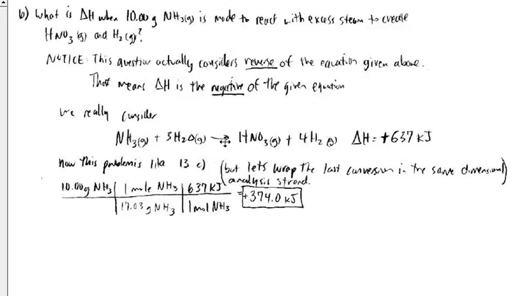I rewrote the equation backwards, and I'm highlighting for you that it's positive 637 kilojoules because this is the reverse of the previous equation. But then this is just like problem 13, section C, where you're taking a given mass, converting it into moles, and then using your thermochemical information as another conversion factor stoichiometrically. And the final answer is 374 kilojoules.